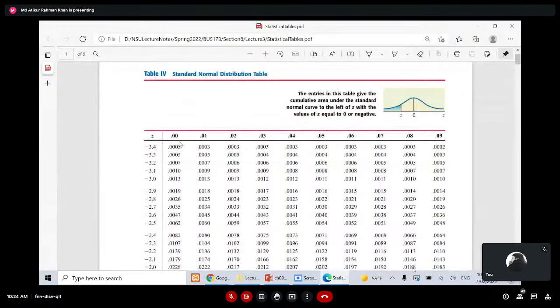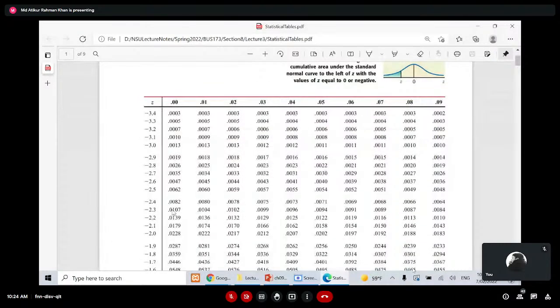If you look from the beginning, it's increasing, right? So somewhere around 0.01. Sometimes you may not find the exact value. You may find the closest one, so select the closest one.